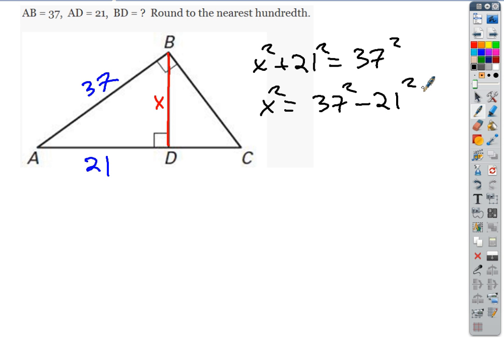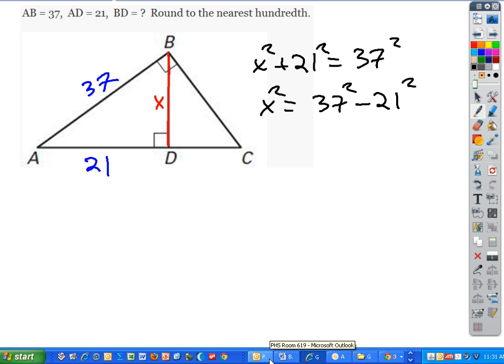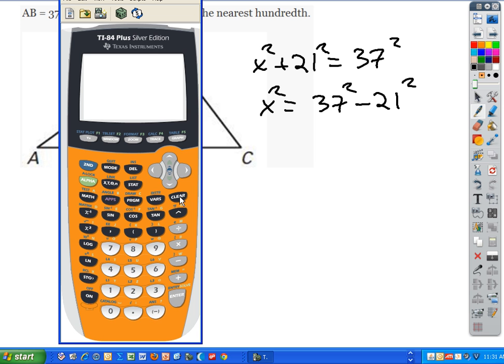We can throw that in our calculator and get an answer real quick. So 37 squared minus 21 squared is that. And then I'll just square root that to get x, agreed?